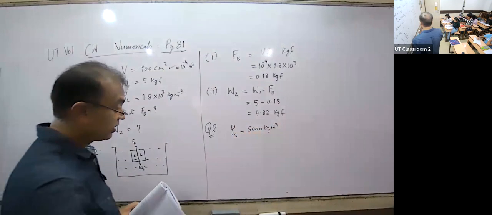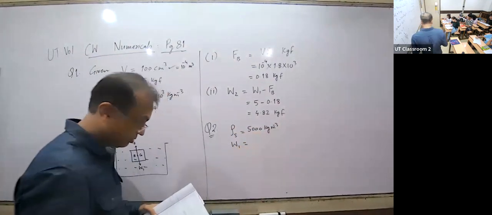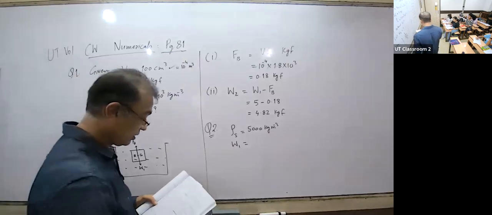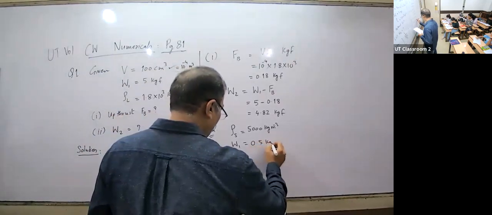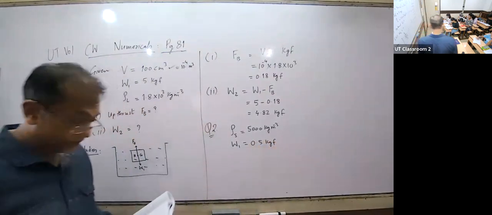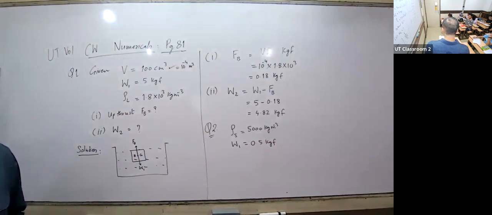And its weight in air, the symbol we use is W1. Again, this is in kgf. Weight is expressed in kgf. It is completely immersed in water of density 1000 kg per meter cube.